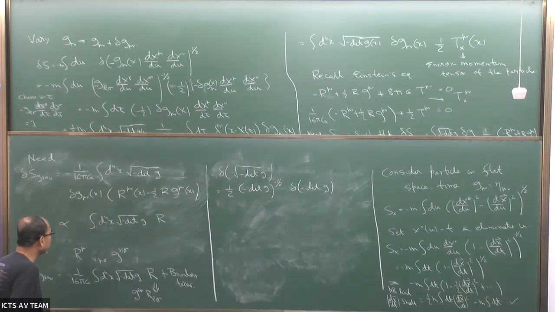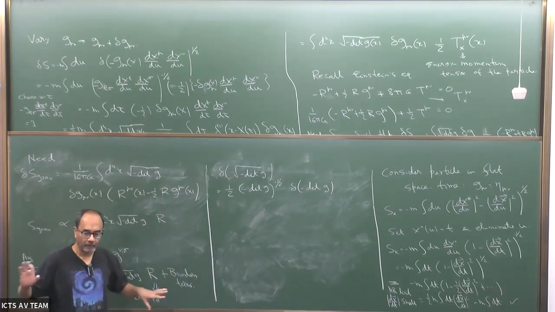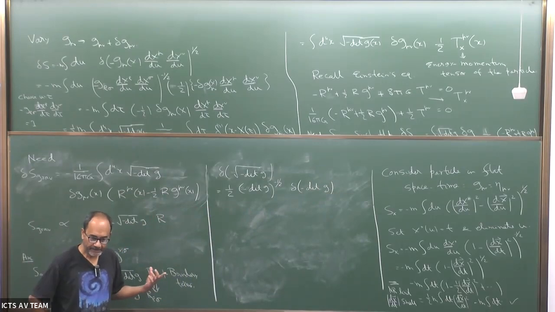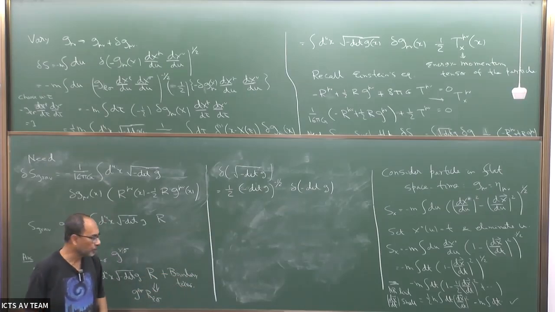Because during this process you have to do various integration by parts. Sometimes you put boundary conditions so that the boundary terms are automatically zero. But for gravity, it turns out that the reasonable boundary conditions don't kill all the boundary terms. So that's why you have to add explicit boundary terms to kill some of those. You could have also put those boundary terms in the action.